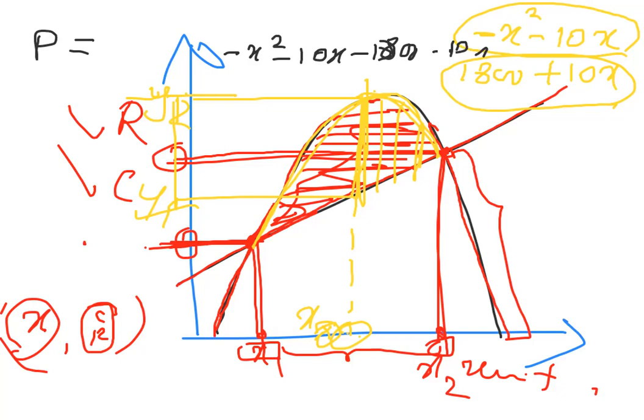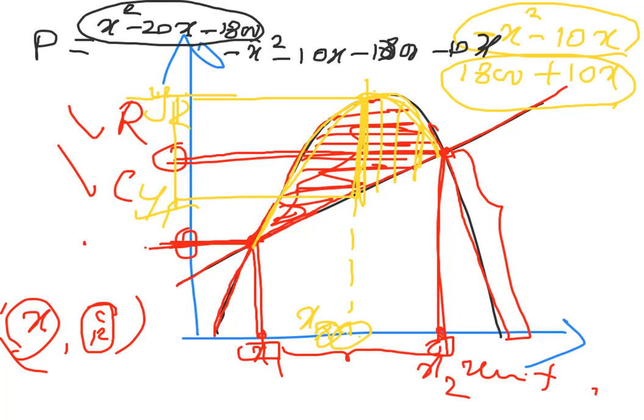So minus x, 10x, minus x, and then minus 2x, 20x. Here minus x squared plus 20x, and here minus 1800. Then this is also a quadratic function, right?